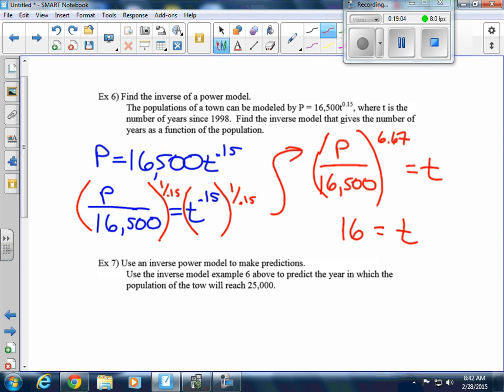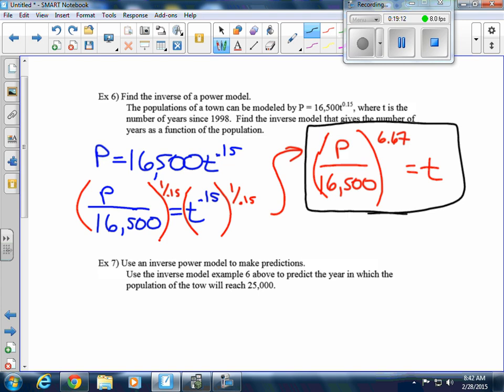Here is the inverse of our function. So we have p over 16,500 raised to the 6.67 equals t.